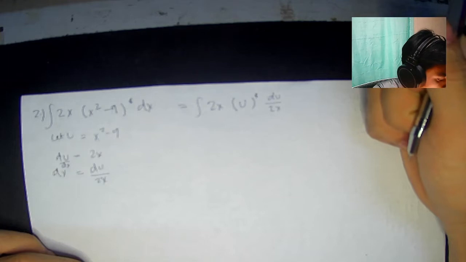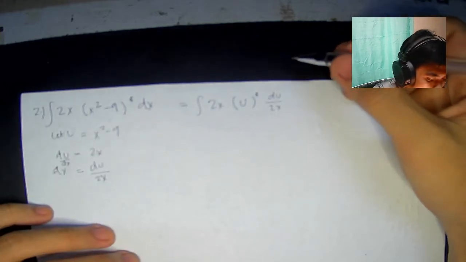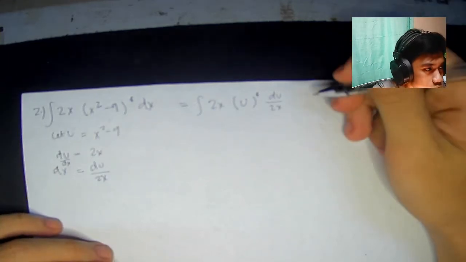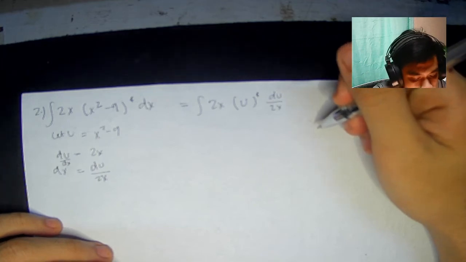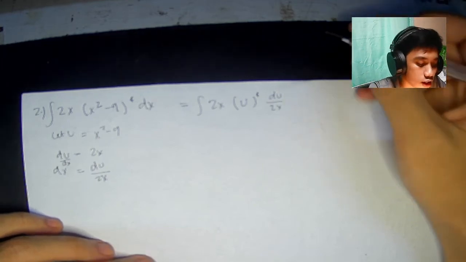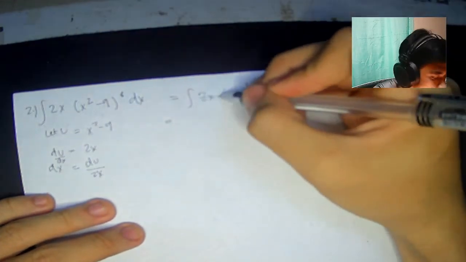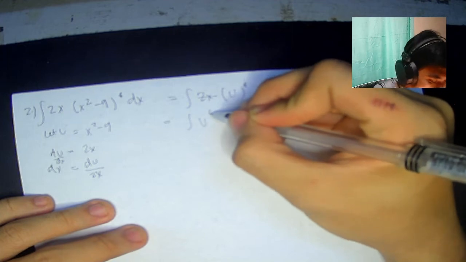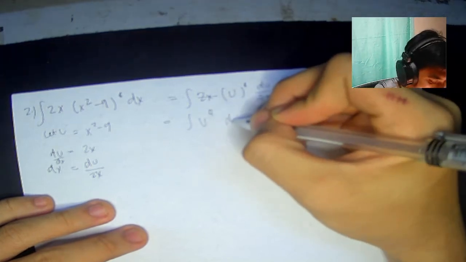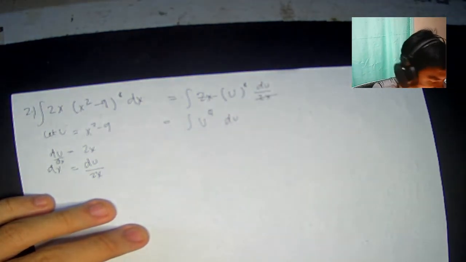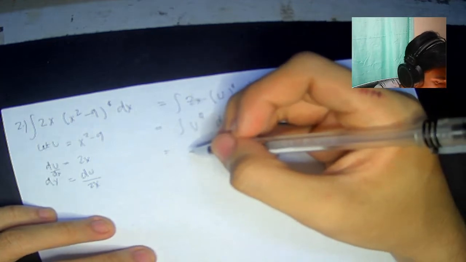In this case, the idea of integrating is finding an easier and more convenient way when it comes to functions. So we can cancel the 2x here. So we're left with u to the 4 du. In this case it is much easier, so we can substitute it back.